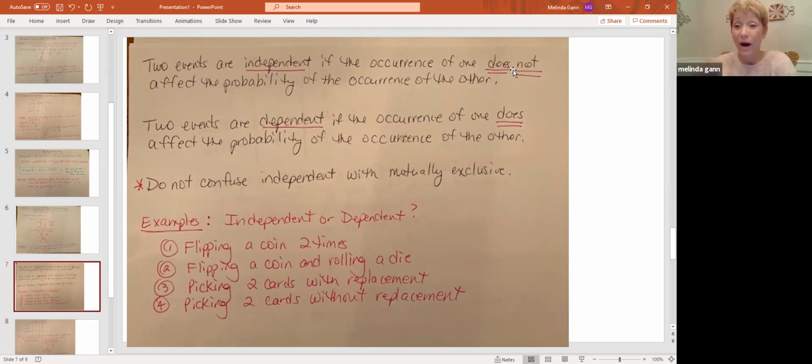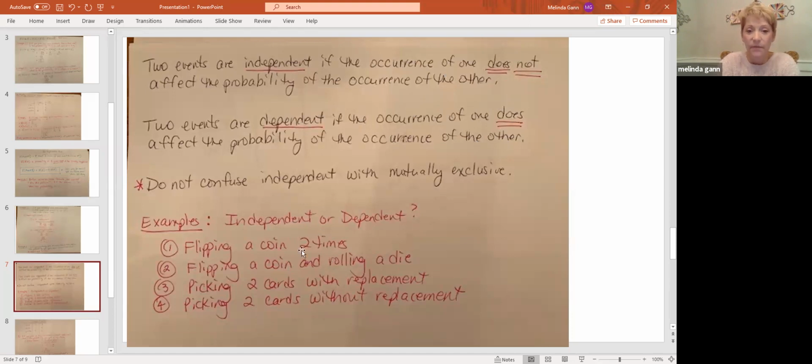So the fact that one happened doesn't mean the other is more or less likely to happen. One doesn't affect the other at all. 2 events are dependent if the occurrence of one does affect the probability of the occurrence of the other. So dependent, one affects the other, independent, they don't.